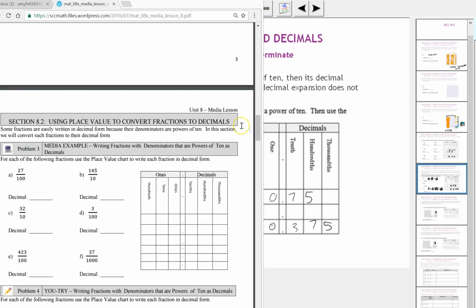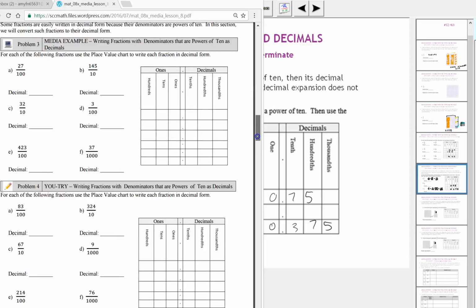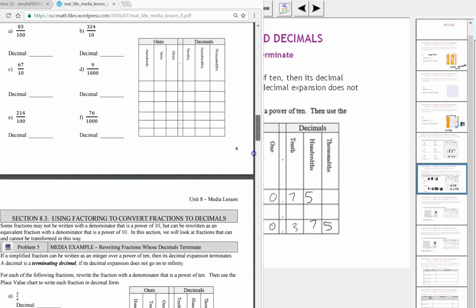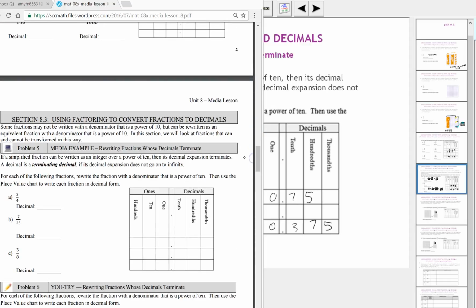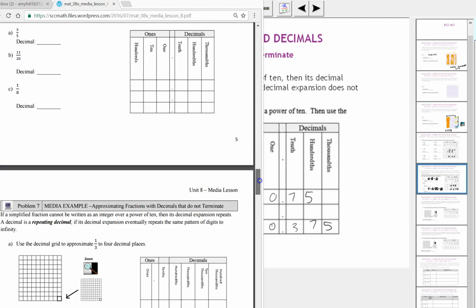Then we said, let's look at fractions with denominators of 100 and see how they connect to the place value chart. And then we went back to fractions that do not have denominators that are powers of 10, and said let's rewrite them as powers of 10 and put them in the place value chart to connect them.